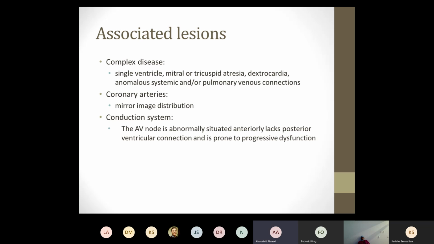The coronary arteries are usually a mirror image distribution of the normal anatomy. The conduction tissue also lies abnormally, situated more anteriorly, and is more prone to progressive dysfunction.